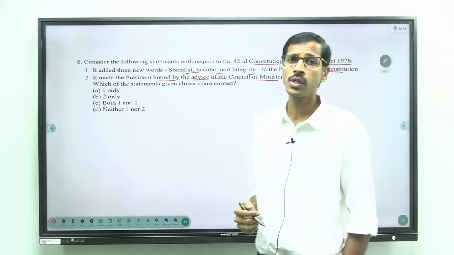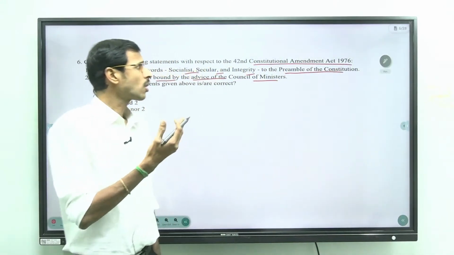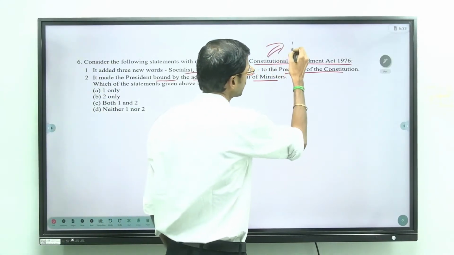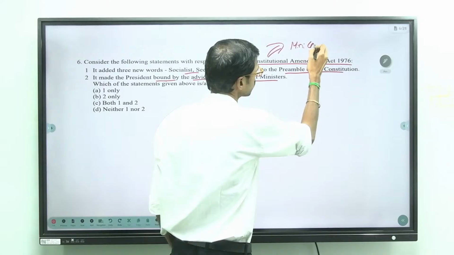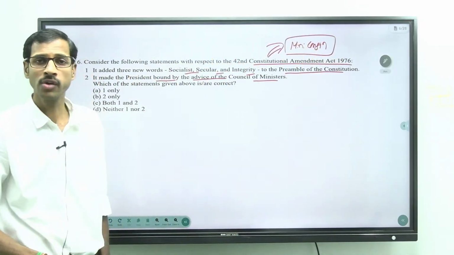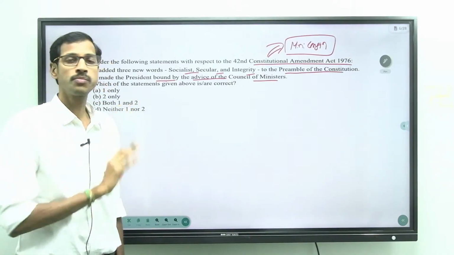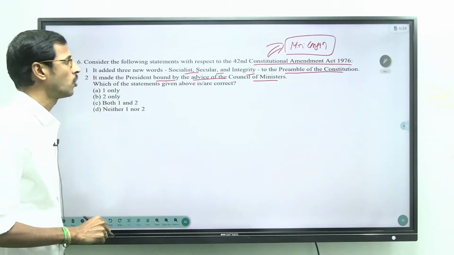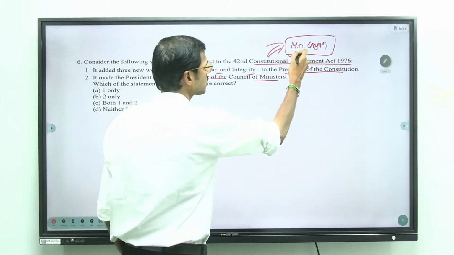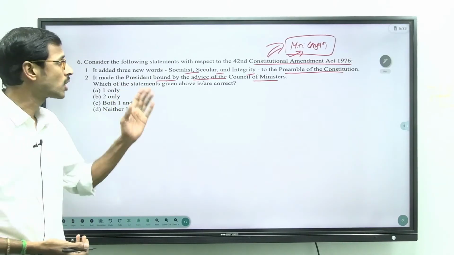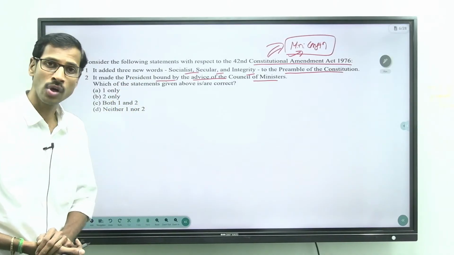The 42nd Constitutional Amendment Act 1976 is generally called the mini constitution because many changes were included in this amendment. So it added three new words, socialist, secular and integrity, to the preamble.